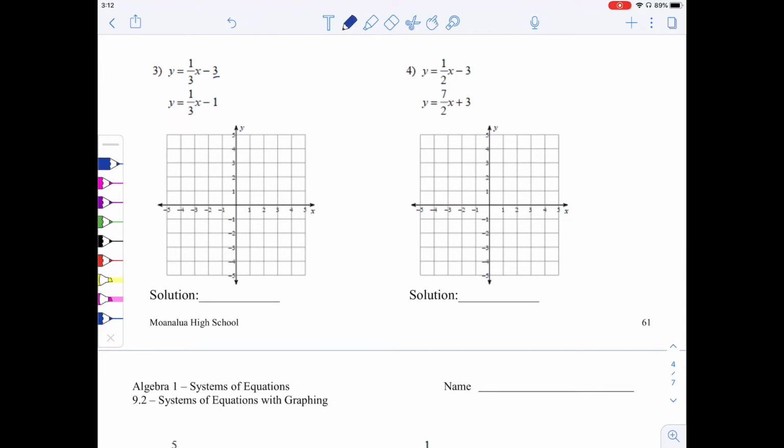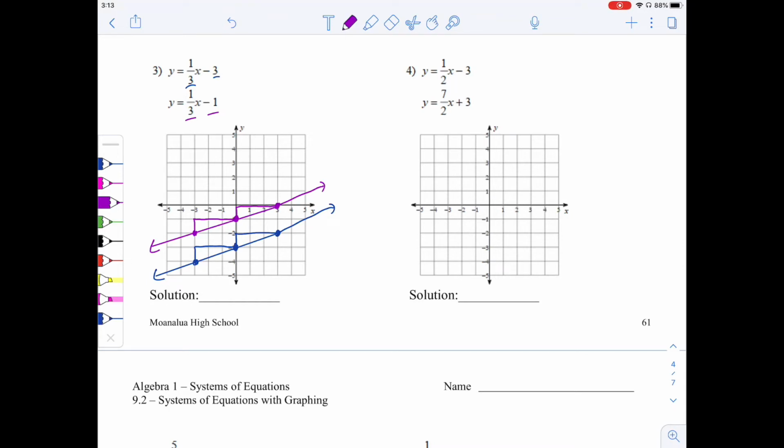Okay, next one, same thing. Start at -3 on our y-axis. Use our slope, up 1, right 3. Go the pattern the other way. We can draw a line. Then we go to the next one, -1 on the y-axis. Slope 1/3, up 1, right 3. Go the other way and draw a line. And then you look, okay, what happened? It's parallel, so it's never going to intersect.